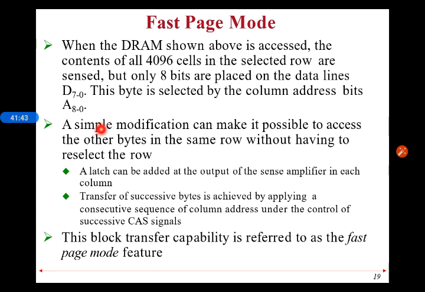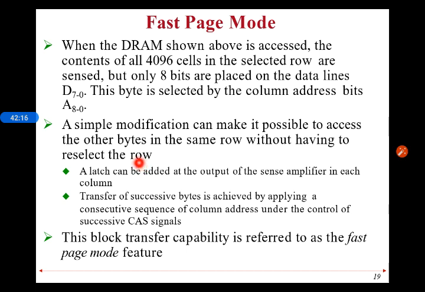But a simple modification to this can be done so that it makes it possible to access the other bytes in the same row. Because that row is selected, and using the column address we are deriving only one block. But if you make a simple modification to this scheme, you can read the entire row without reselecting the row, because we have already selected that row.